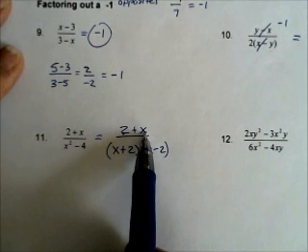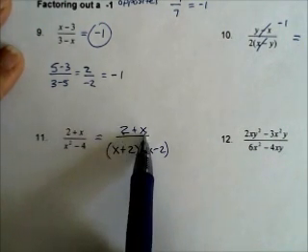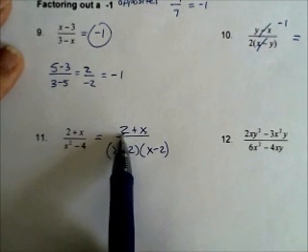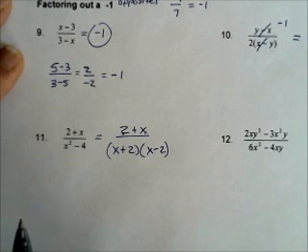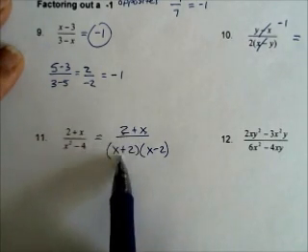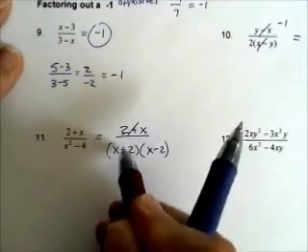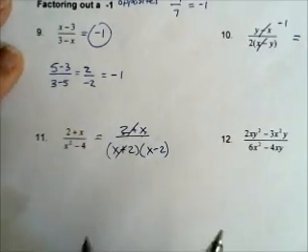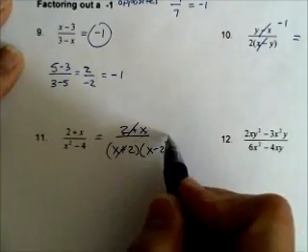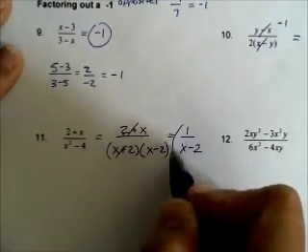X plus 2 is the same as, and I read it backwards, 2 plus x. The order is just different, but these are still the same two factors. So these divide out as they are, right? Positive x, positive 2, positive 2, positive x. And we're left with 1 over x minus 2.